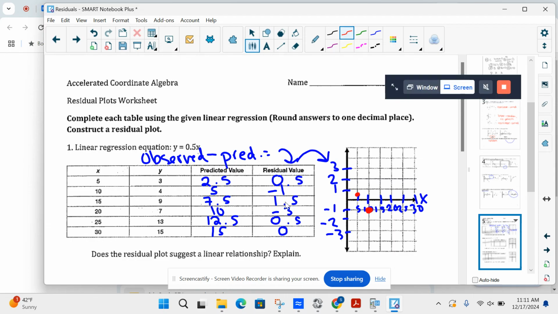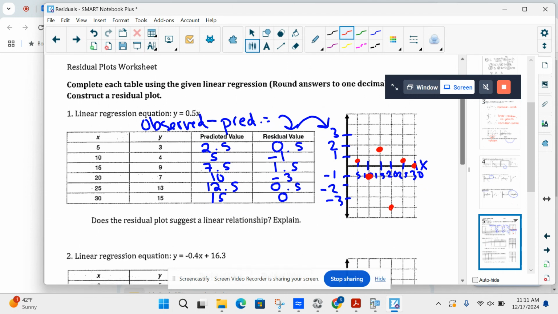And then at 15, it's 1.5, which is between 1 and 2. At 20, the residual is at -3. At 25, it's at 0.5. And at 30, it's at 0. Okay?